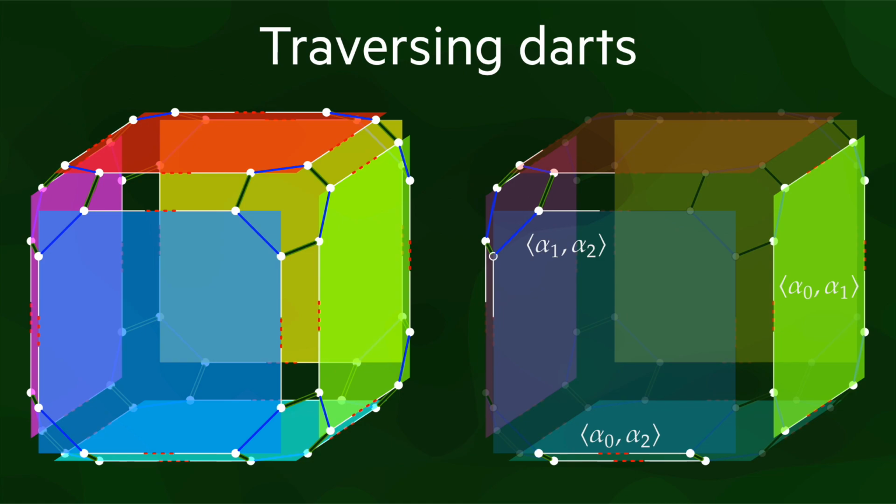Because of this, if we want to obtain all of the darts on a vertex, edge, face, or volume, we simply need to obtain the orbit that allows all involutions and permutations except for the one of that dimension. So, in the example here, the orbit alpha 1 alpha 2 gives us the darts of a vertex, the orbit alpha 0 alpha 2 gives us the darts of an edge, and the orbit alpha 0 alpha 1 gives us the darts of a face.